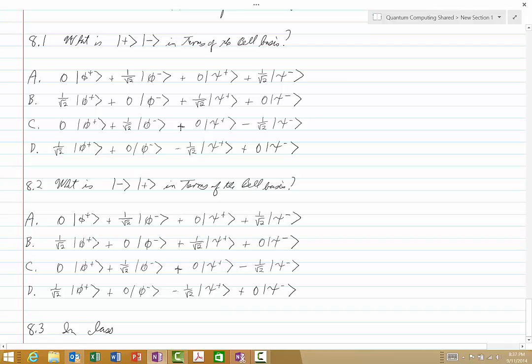And 8.3 will be given in class. And just to make sure you understand these choices, in each case we have the phi plus ket, here's the phi minus ket, psi plus, psi minus, and I believe everything here is fairly legible. So that's it for the problems for Lecture 8, and good luck.